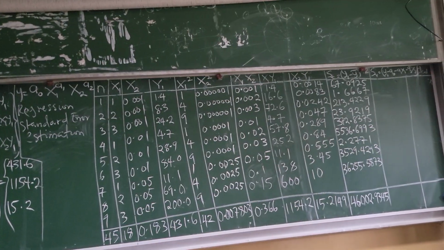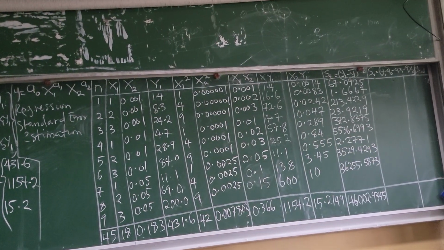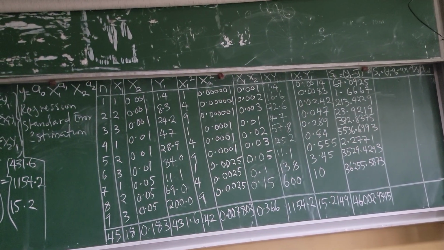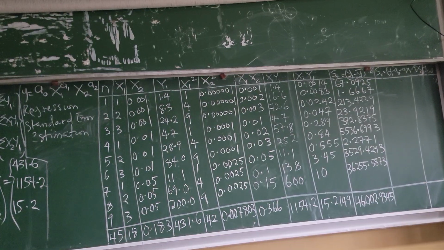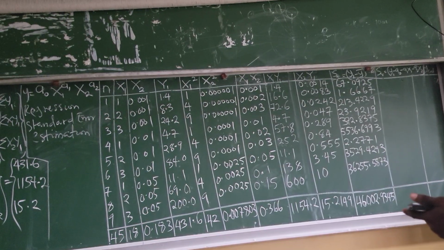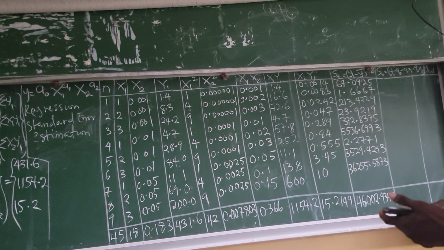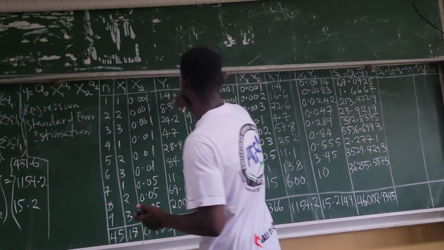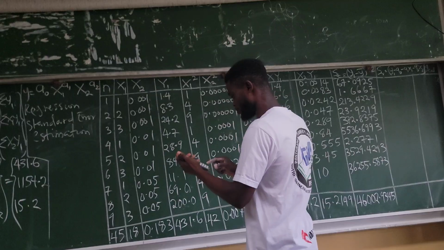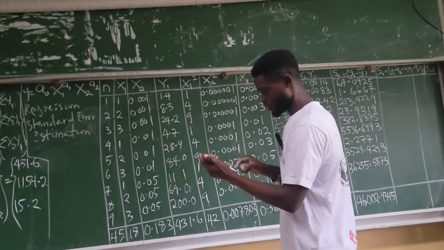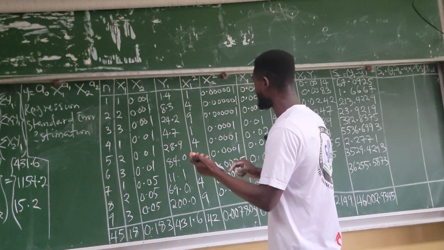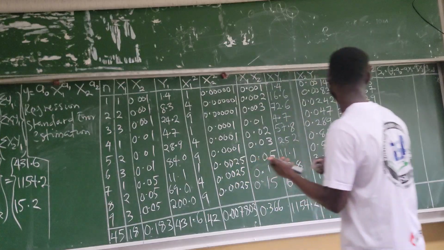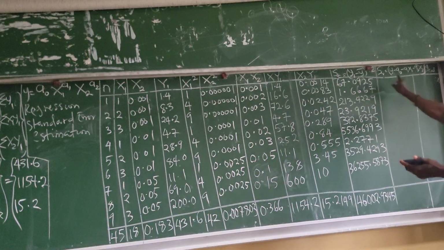Then when you've gotten your A, now substitute them into this. So what we're going to do now is to substitute so we can get our XR. So doing that, you will have your XR, your Y1. This is your Y1. So we have 1.4 minus A0.